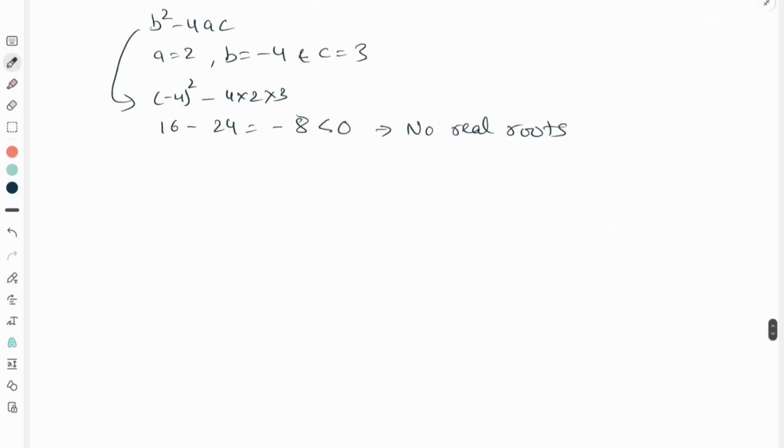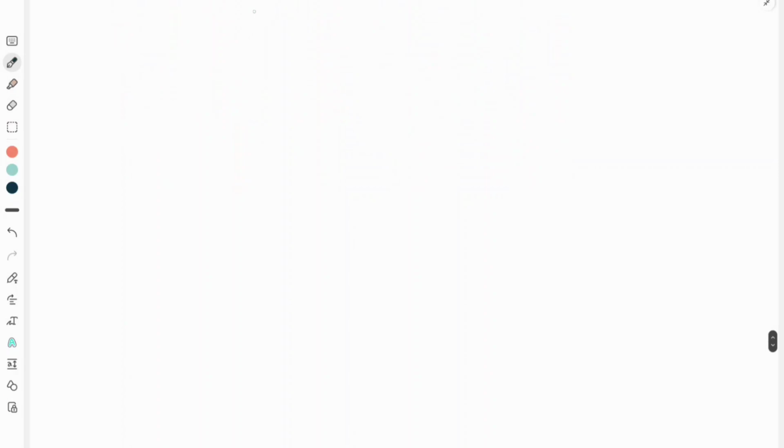So with this, let's move to exercise 4.3, where in question 1 we have 3 parts, and in all 3 parts we have to find the nature of the roots.